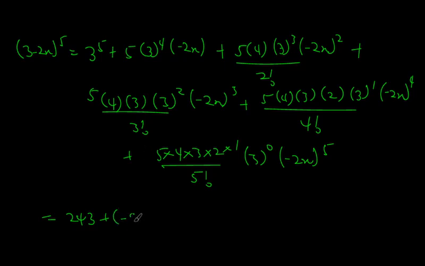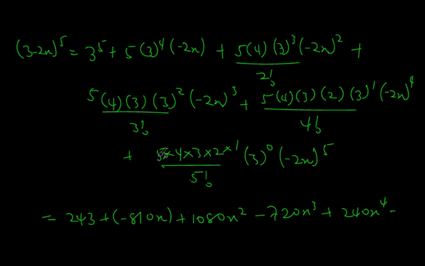Negative 810x, plus then the whole of this divided by 2 factorial will give us 1080x squared. Then the next one will give us negative 720x cubed. Then we will have 240x power 4, then minus this, the last example again.